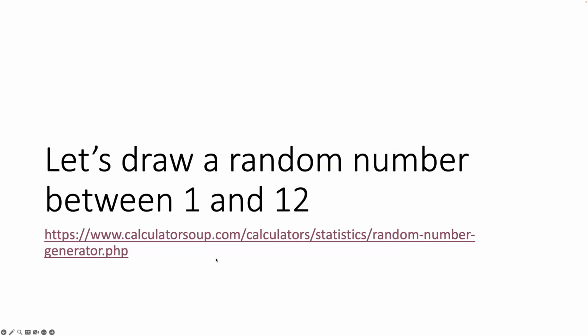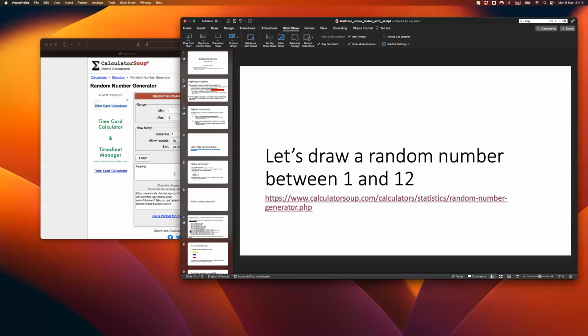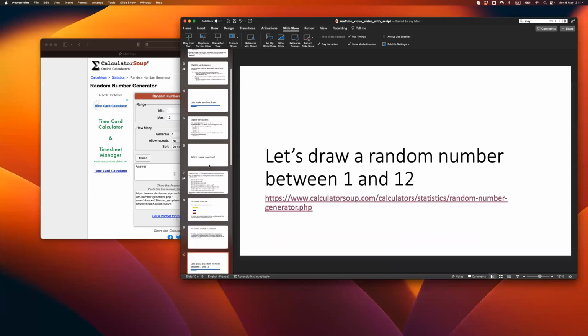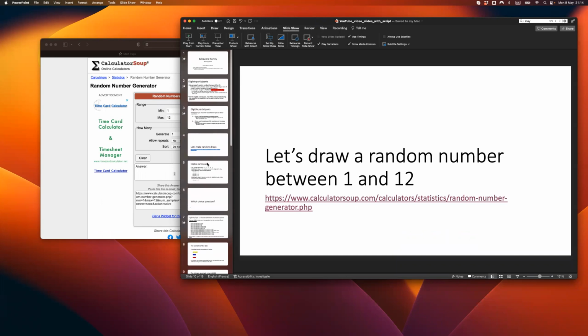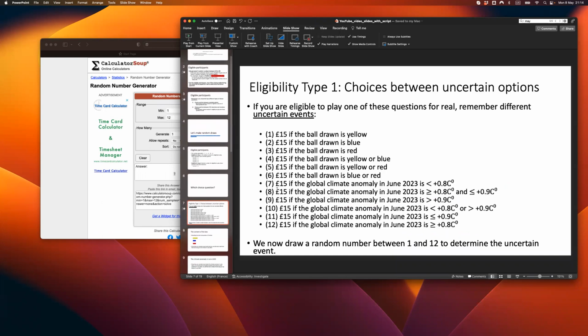So let's now look up which option is listed at number 7. At number 7 here, as you can see, you get 15 pounds if the global climate anomaly in June 2023 is less than 0.8 degrees Celsius.